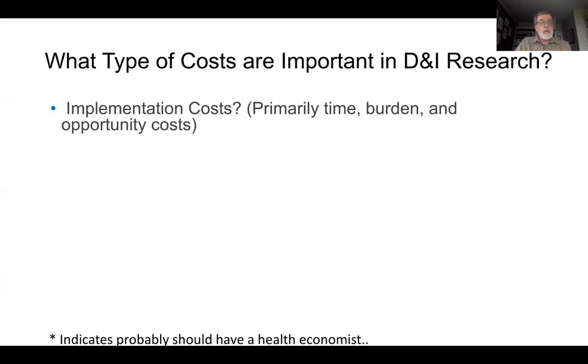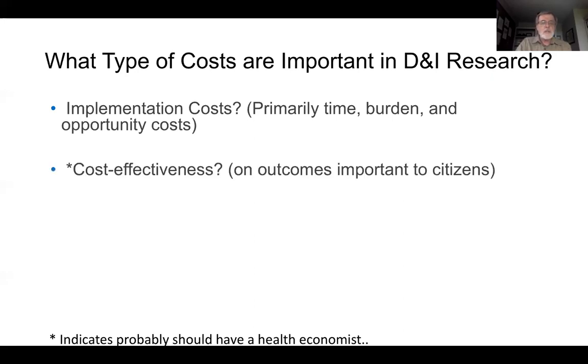Usually settings and staff have limited time and effort. If they're going to implement your program or policy or guideline, they're going to have to give up something else because they don't have unlimited time. So it is important to understand that. But it's usually this notion of time that is the key driver of implementation cost.